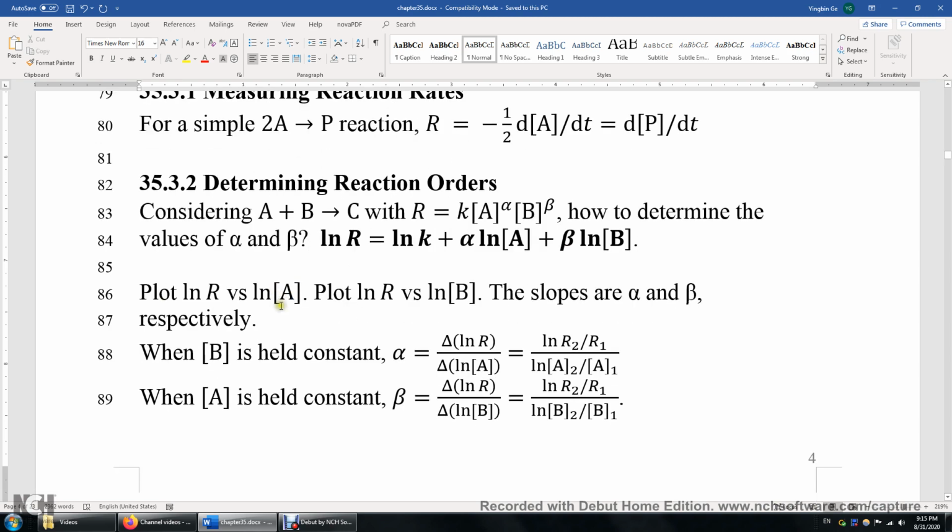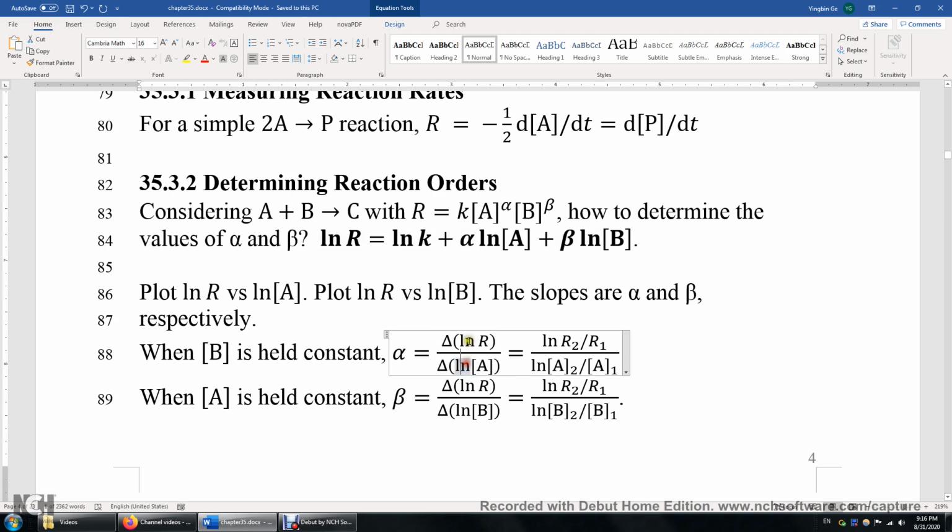Another way to calculate alpha and beta is this. Again, we need to hold b constant to determine alpha. When b is held constant, you can see this alpha is simply, well, over here, this is the difference in ln r. This is the difference in ln a. So basically, this is the slope of ln r versus ln a.